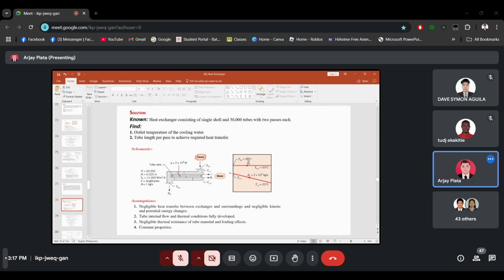It will not change its temperature, it will only condense. While the temperature of the water from 20 increases to, that's what we are going to figure out, the temperature of the water after passing through the tubes.